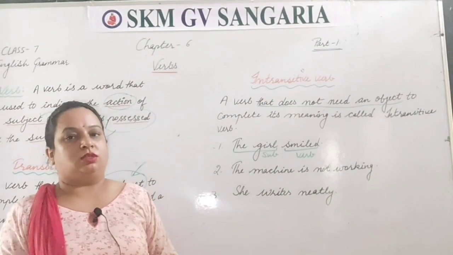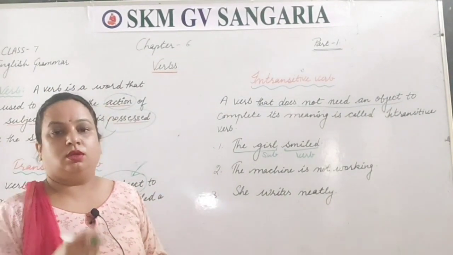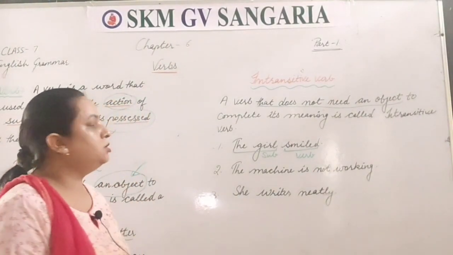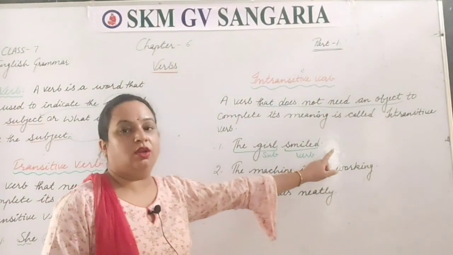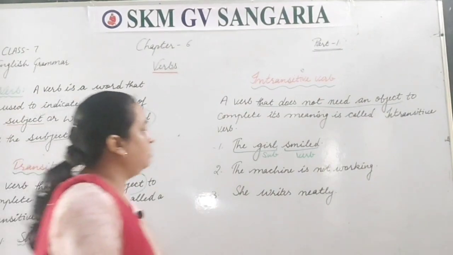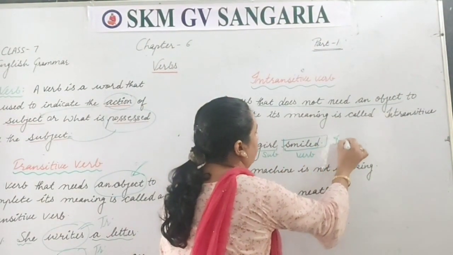That is very important, that a person or thing will be the object, so that is sure. So in the girl smiled, because this sentence does not have an object, smiled will work as an intransitive verb.